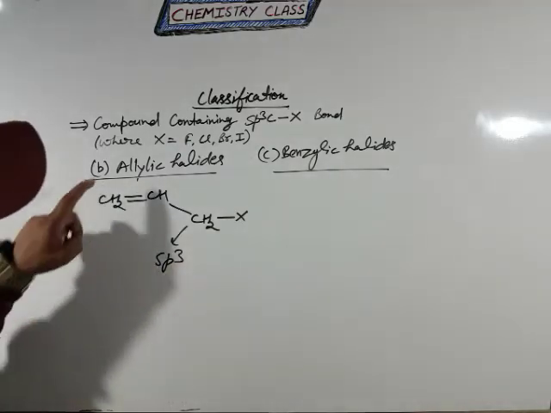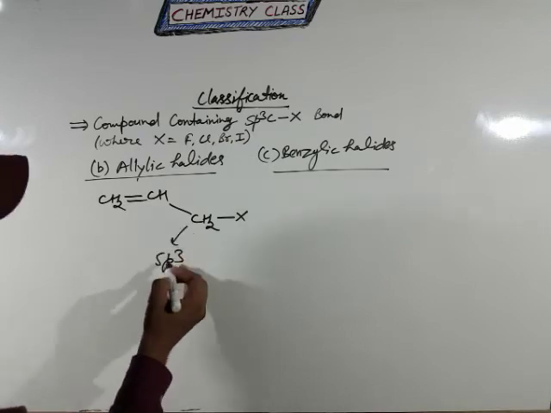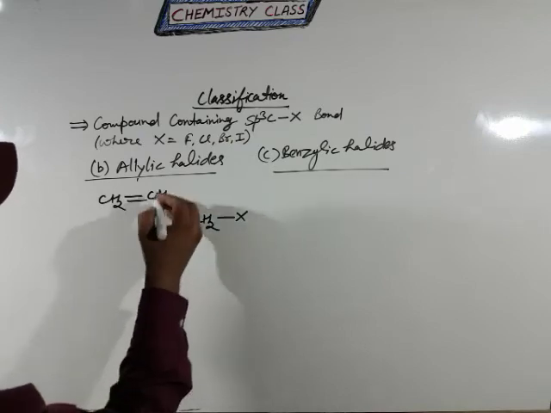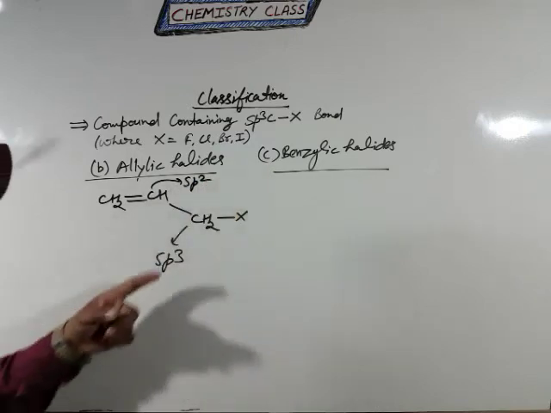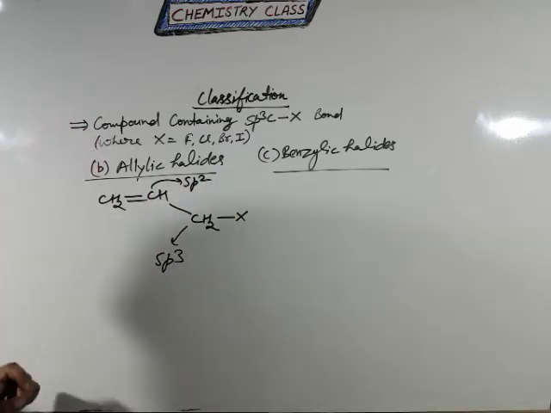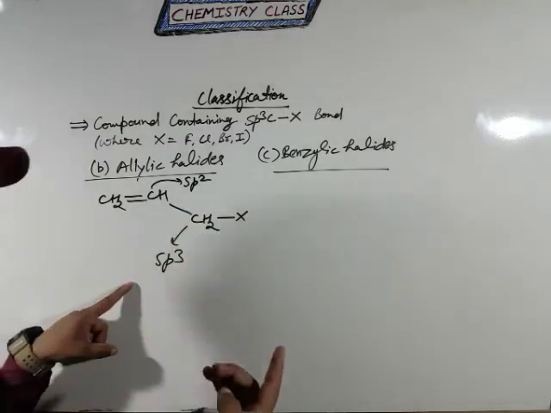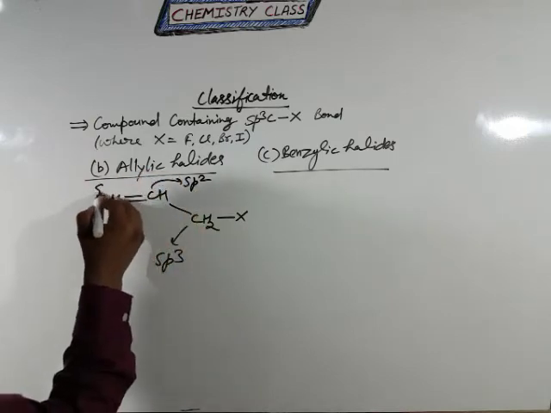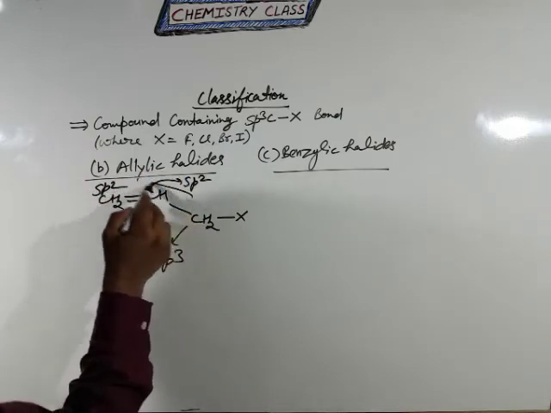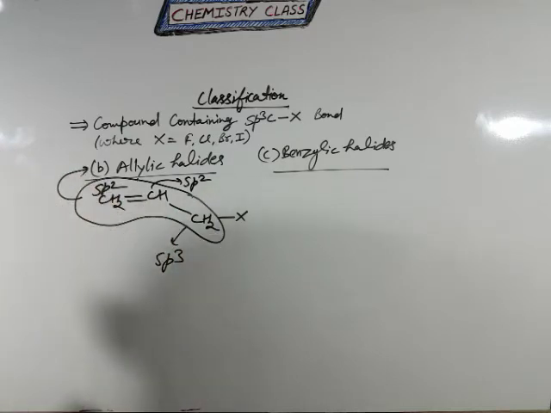So that means the system is allylic halide, but the condition is that the next carbon atom of the parent is sp2 hybridized. Clear? So the parent carbon should be sp3 hybridized, but the next carbon atom should be sp2. Clear? This is also sp2. So overall this system is known as allylic halides.